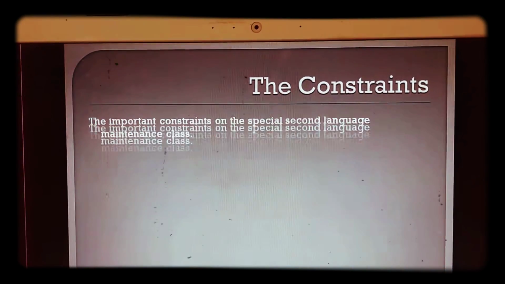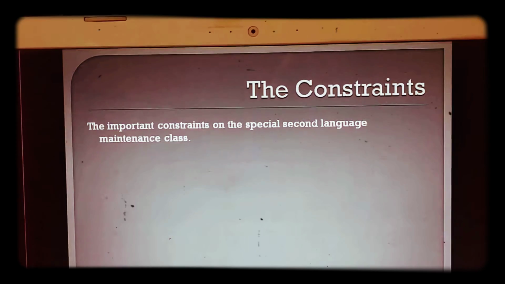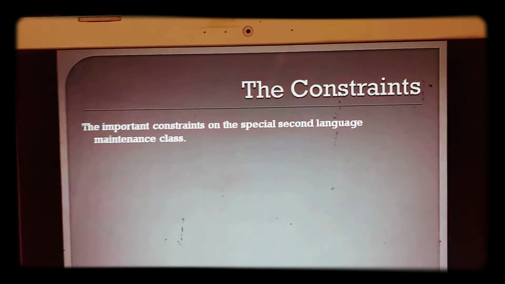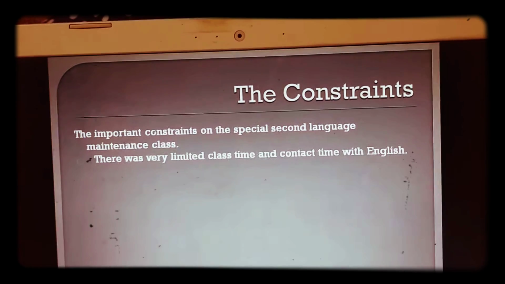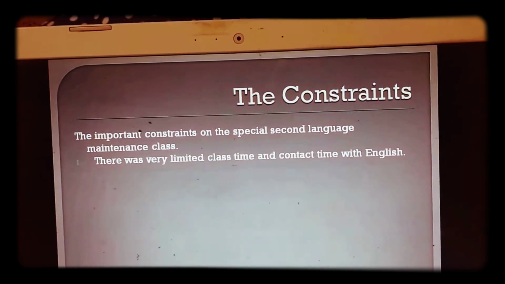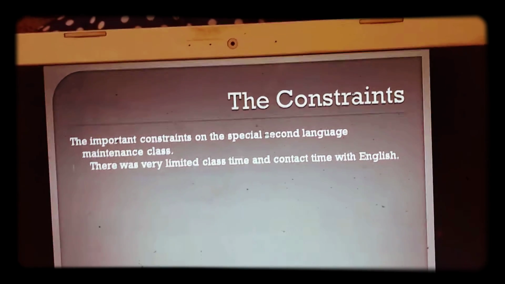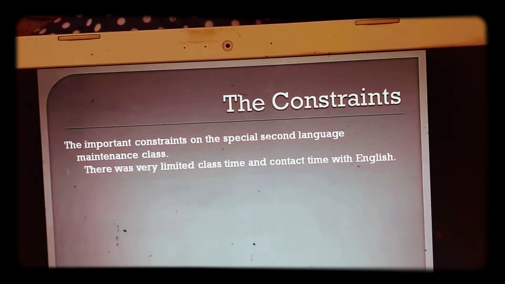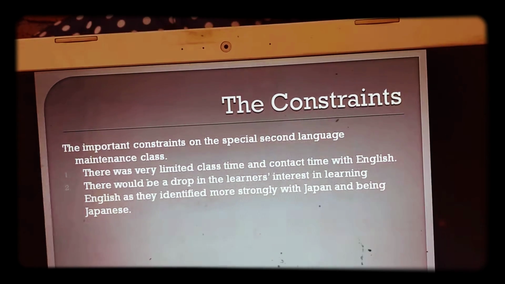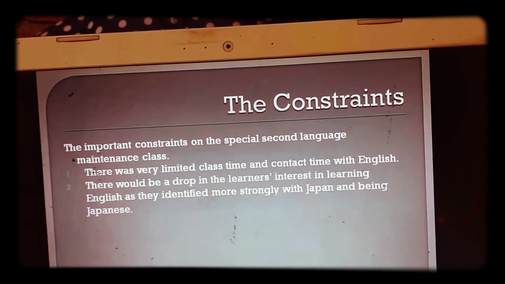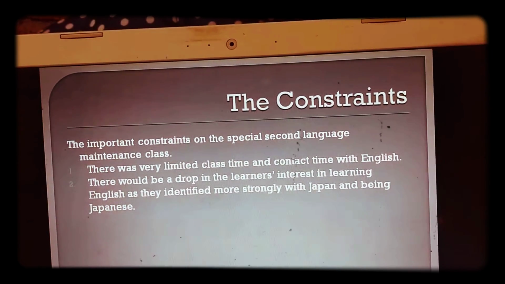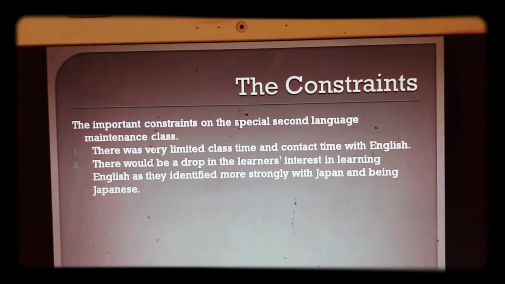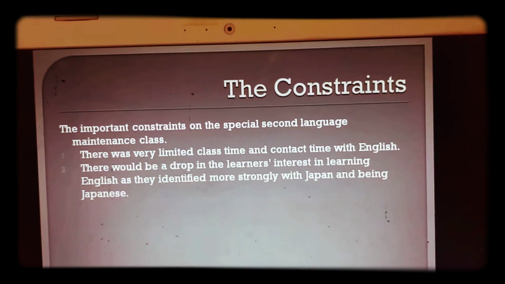The constraints on the special second language maintenance class. First, there was very limited class time and contact time with English. There would be a drop in learners' interest in learning English as they identified more strongly with Japan and being Japanese.